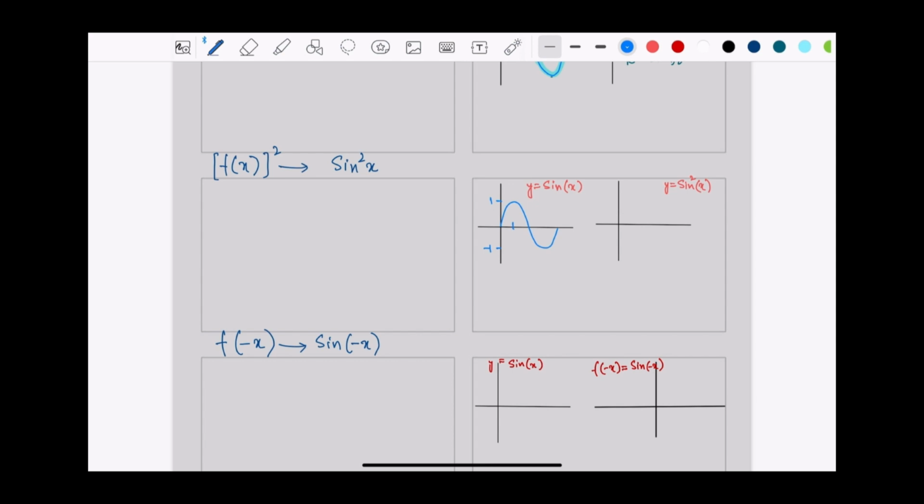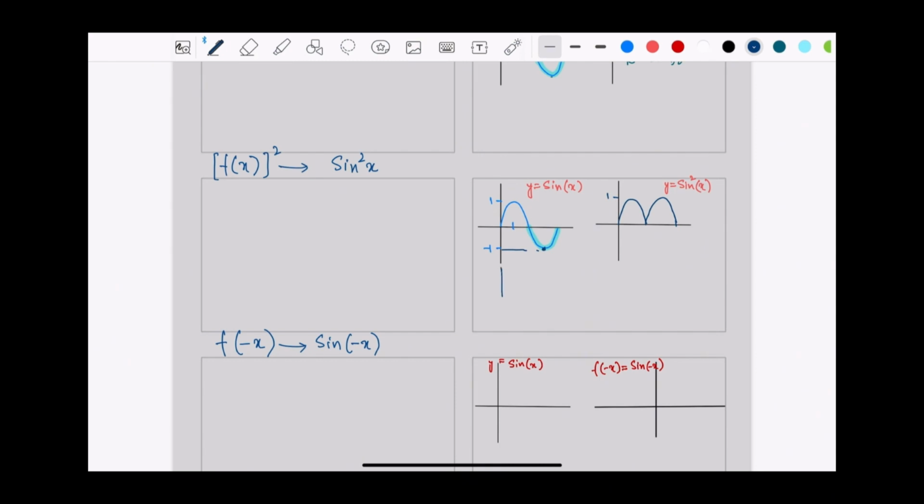When you apply the square over this part, it reacts the same as the modulus function, because this value was -1. So when you square y, -1 squared makes it +1.